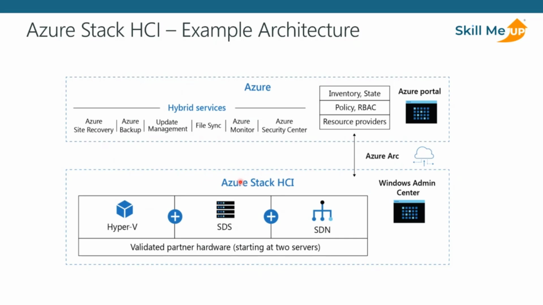But with the HCI Stack, you can do a lot of things like your Hyper-V, software-defined services, your software-defined storage, and your networking can all be run within your Azure Stack and you can manage those via Windows Admin Center. And then obviously Azure Arc is now the central platform where you can utilize it. So rather than having to worry about doing it through the Portal or through the admin center, you can do it all through Azure Arc.